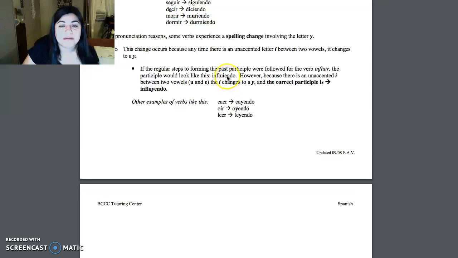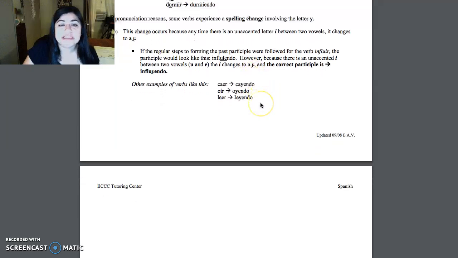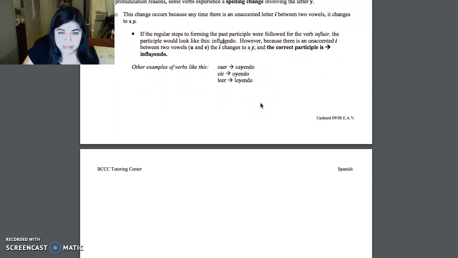Notice how many vowels do we have there? As you notice, we have 3 vowels. However, because there is an unaccented I between the 2 vowels, the U and the E, the I changes to Y. The correct participle is influyendo.